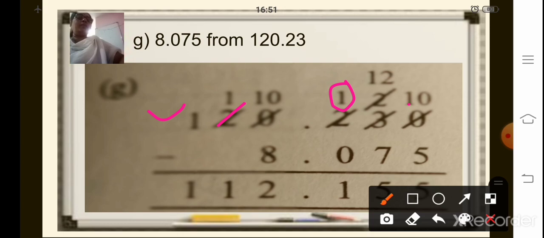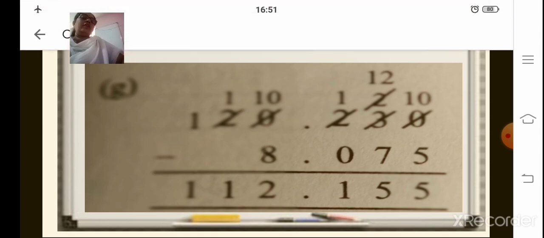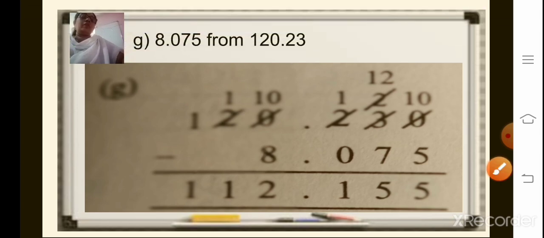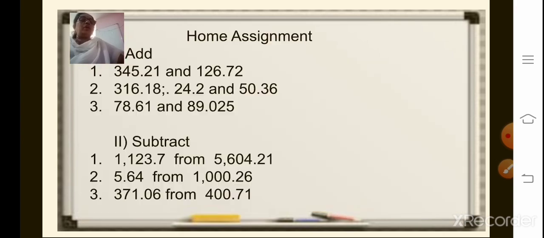So we will borrow from this 2 and this number becomes 1 here. And this number becomes 10. 10 minus 8 is 2. 1 will remain as it is and this 1 will remain as it is. So your final answer is 112.155.